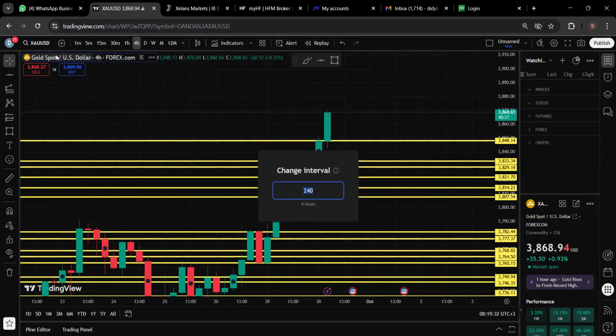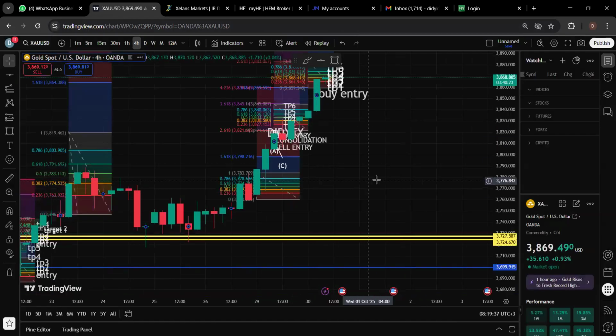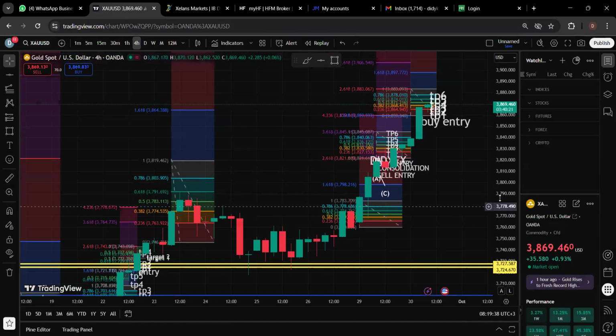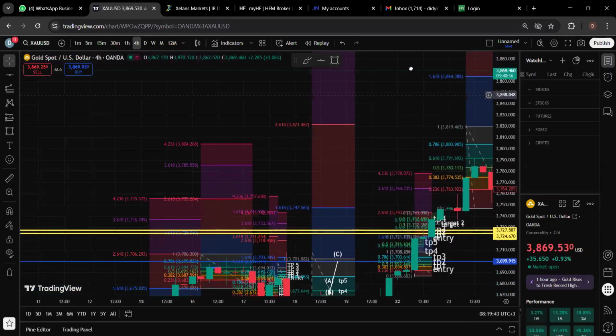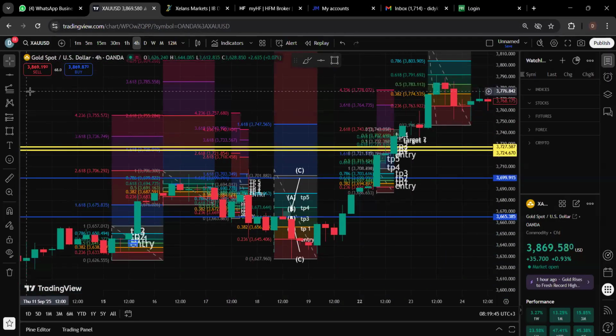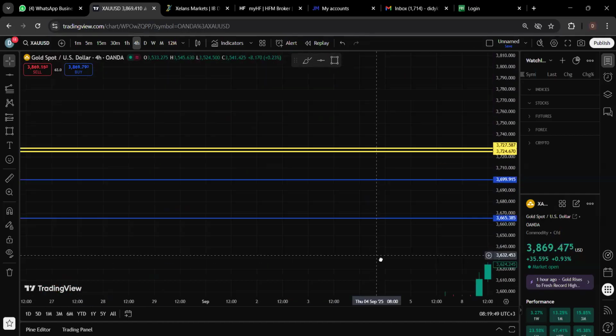Look at my previous analysis for the entire month. Look at how I've been drawing all these lines. This has been my analysis, and I'll teach you guys how to draw all of this. You can see I've never deleted them.